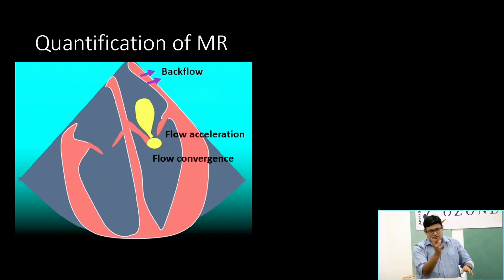So this crowding of blood is known as your flow convergence, and it produces your hemispheric shells, and this speeding up of blood is your flow acceleration, then you get a jet and you get the back flow.